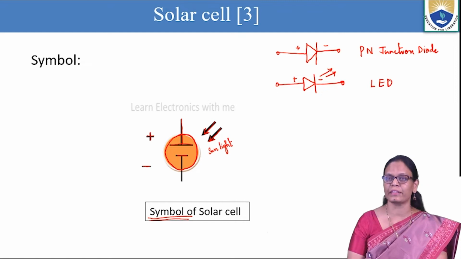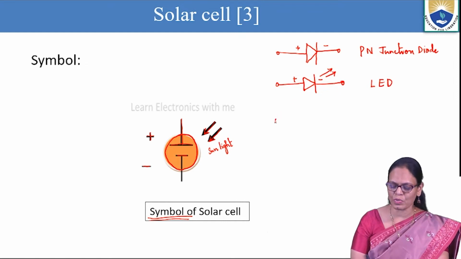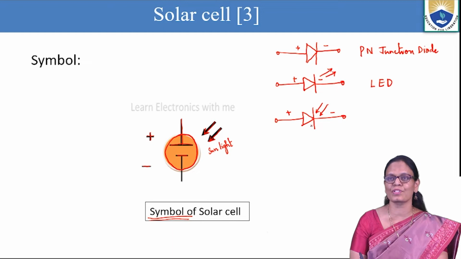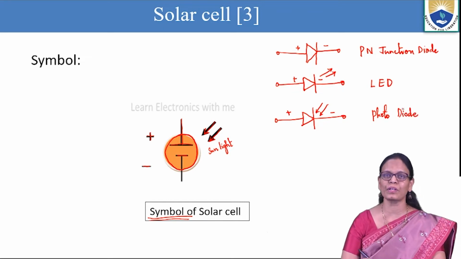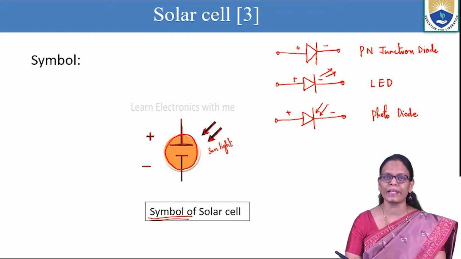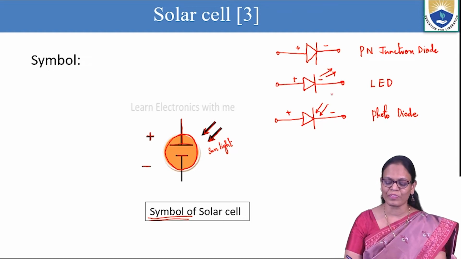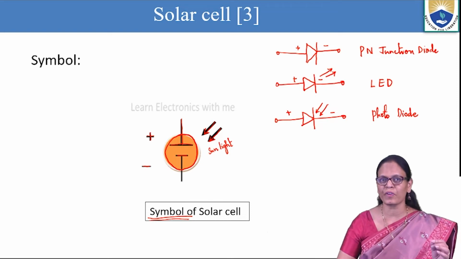This is an LED. Now when it comes to a photodiode, again we have a triangle with a line, positive, negative, and here we have two arrows pointed towards the junction. That shows it is a photodiode. All these symbols should be very clear, because whenever we are using a solar cell or an LED or a photodiode in a circuit, we will have to use the symbols. So these are the symbols for different devices.